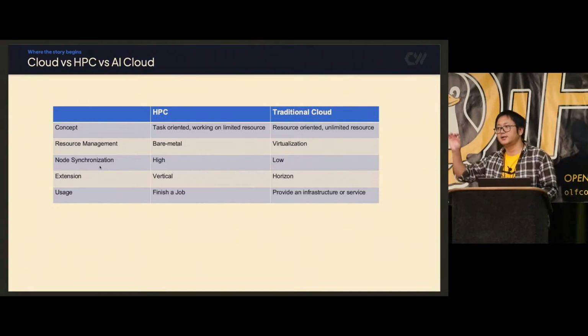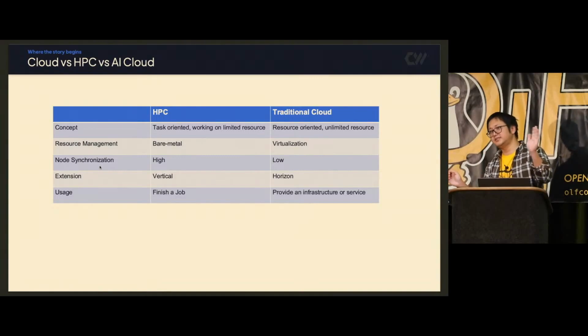It's somewhere else. If you request an allocation, I'll provide it to you, and it's unlimited. So this is a totally different direction from HPC. But the cloud, because it uses virtualization or containerization, makes things quite cheap and easy to manage. It's just about convenience, which makes it quite popular.